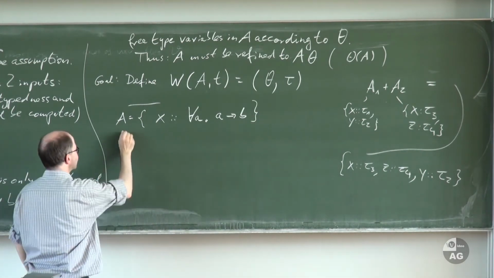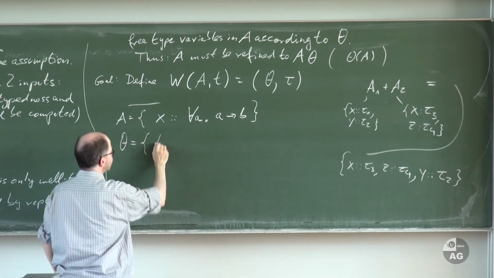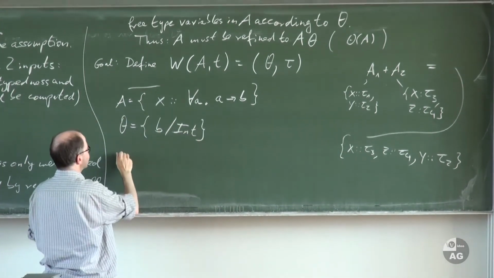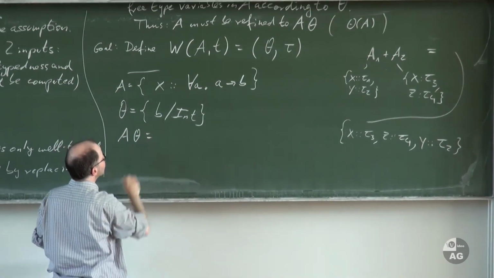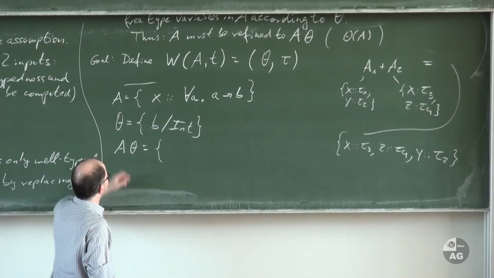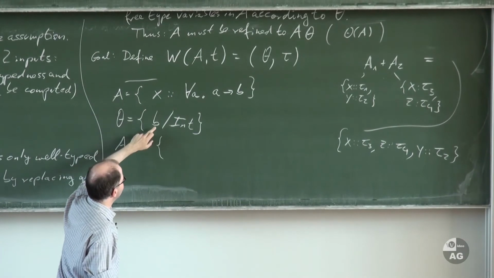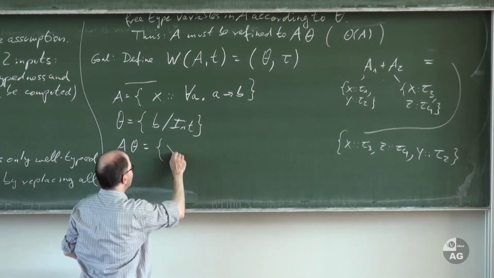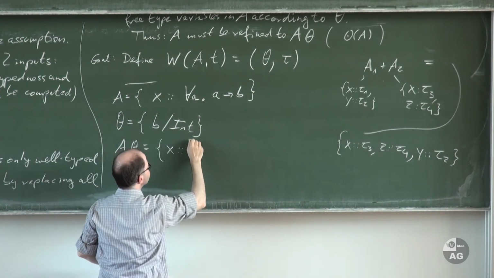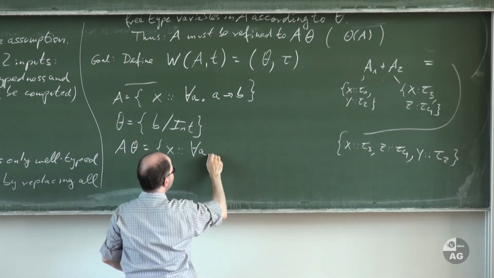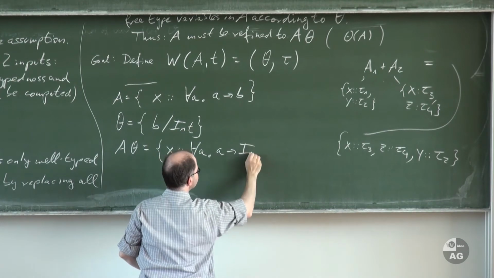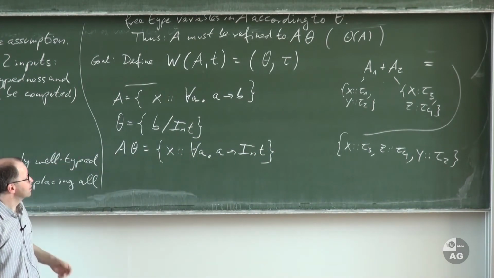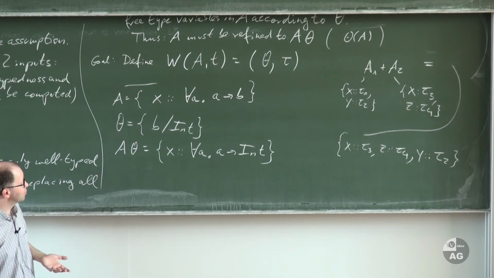And now theta is a substitution which says B has to be replaced by int. Then A theta is the same type assumption, but all free occurrences of B have to be replaced by int. So now x doesn't have this general type up there anymore, but now it has the type A goes to int. So this is what I mean by substituting type variables.